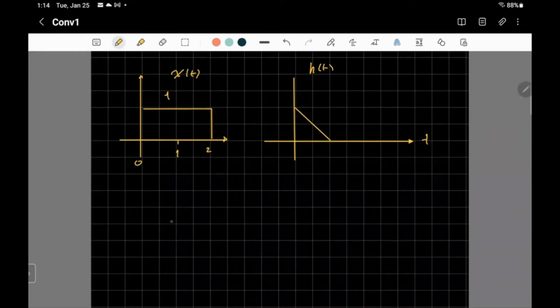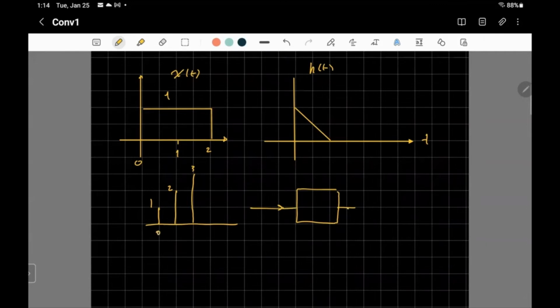I just want to make it easy for you to understand. Let's say that you have something like that going to the system. That's height 1, 2, 3, going to any system. And the system, for example, exponential, or whatever.